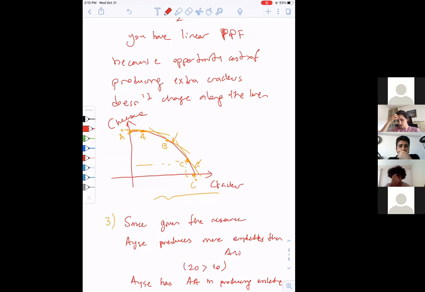Okay. And then what is the opportunity cost of Thailand of increasing the production of dolls from 200 to 300? Okay, which one is the opportunity cost?